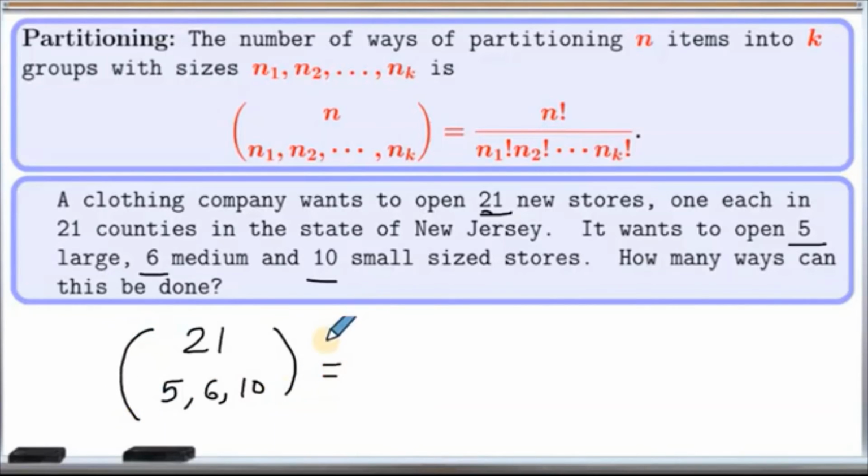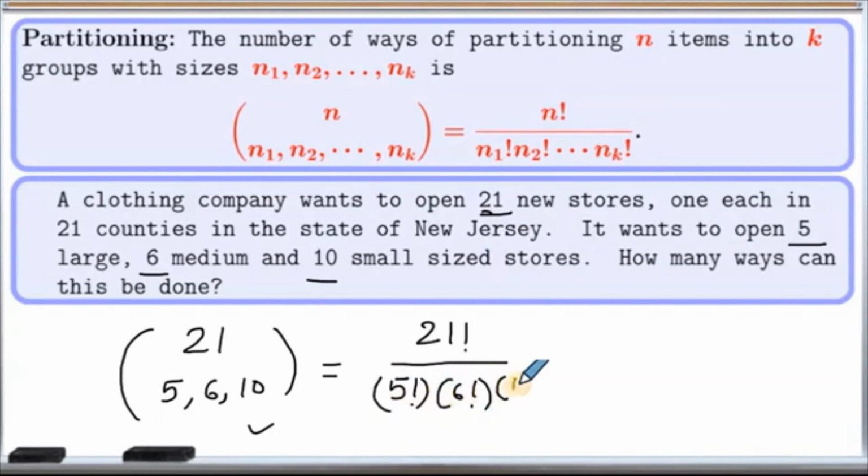According to the definition, this equals 21 factorial over 5 factorial times 6 factorial times 10 factorial.